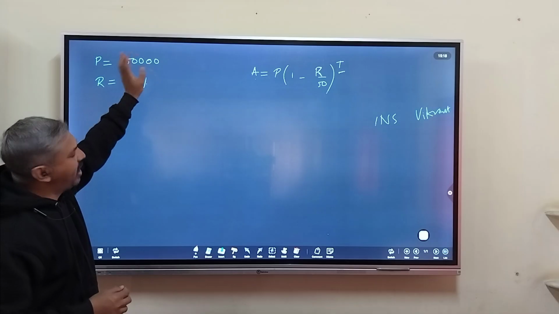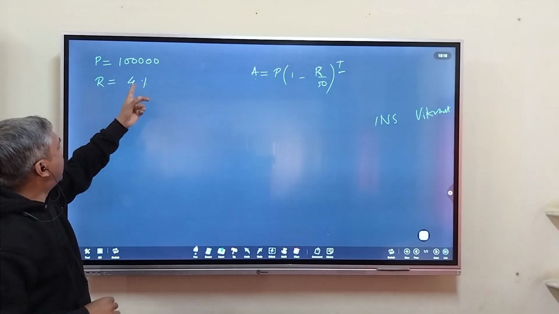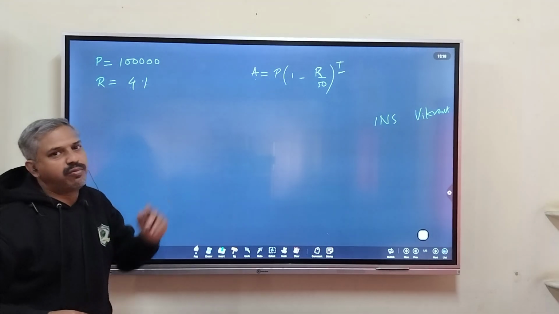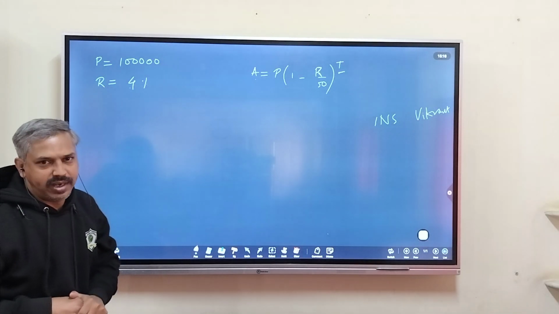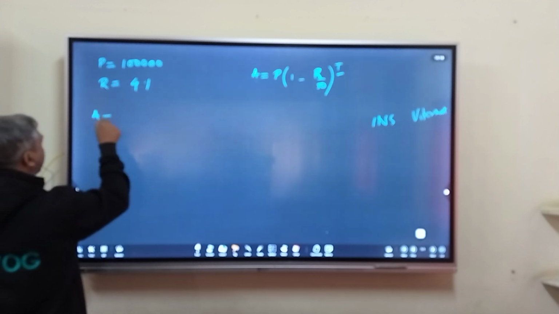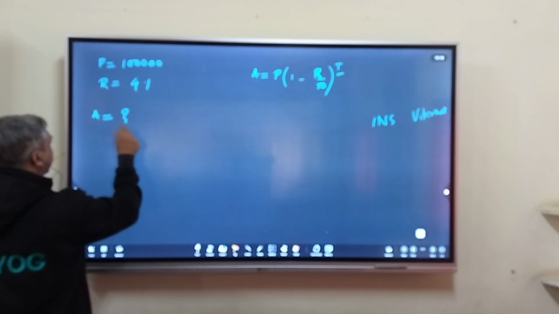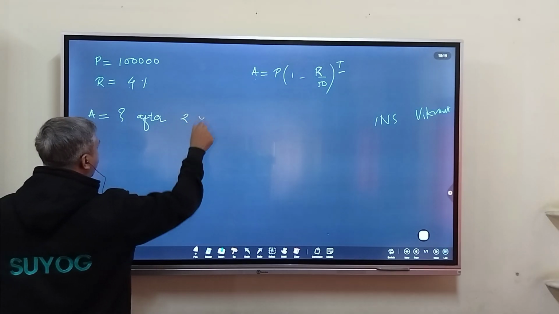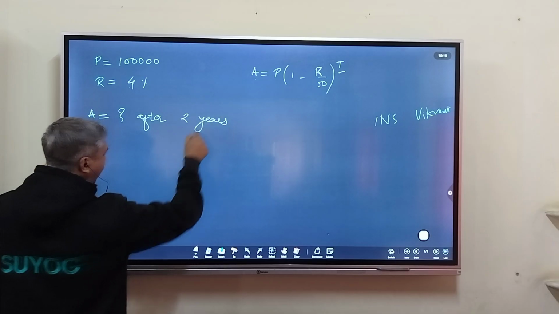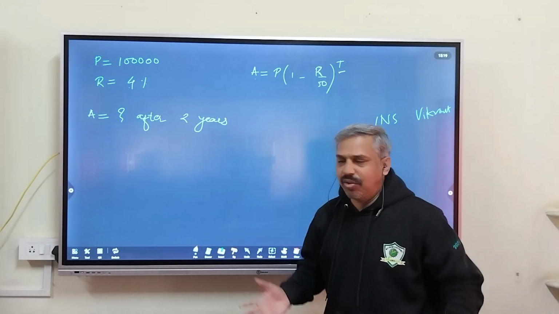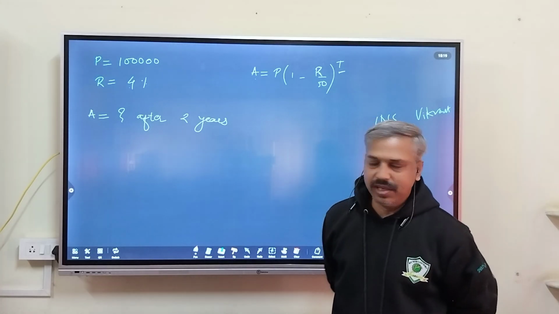So we have a bike worth 1 lakh rupees, and it is estimated that the decay will take place at the rate of 4% per annum. So what will be its value after 2 years? I could take 5 years or anything like that, but because I'm not carrying any calculator, I will just put 2 years here.